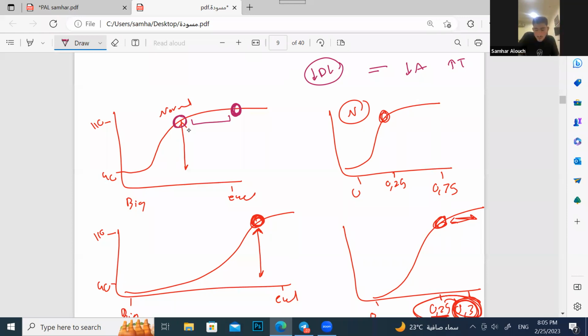So even if there is a problem, we reach the full before the end. For the timing, we reach at 0.25 out of 0.75, so even with obstruction, we can still reach the full, but barely at the end, like let's say at 0.6. So in normal condition, even if we have a disease that decreased DL, we can still reach the alveolar ventilation max because we have an excessive time.